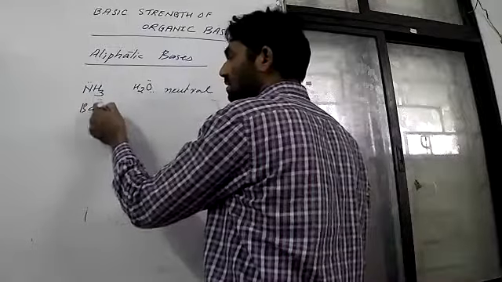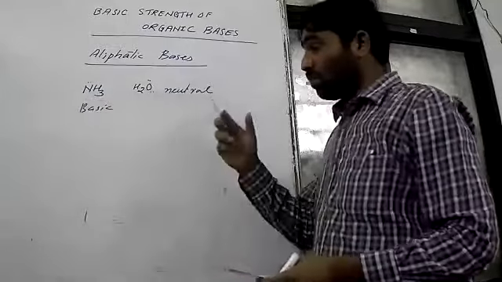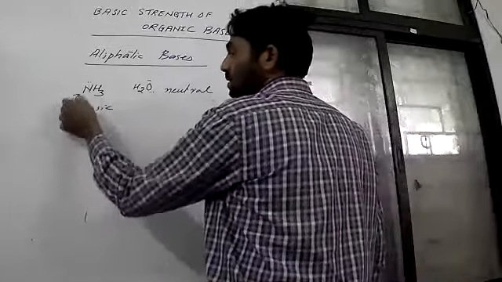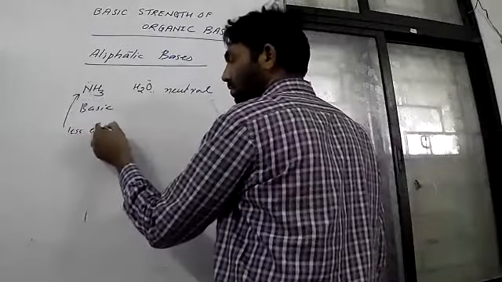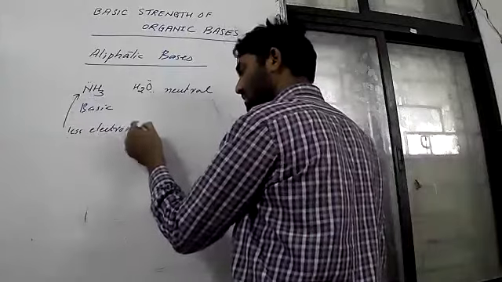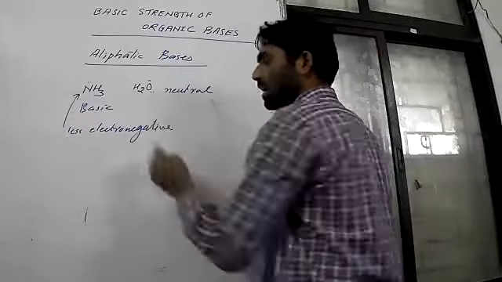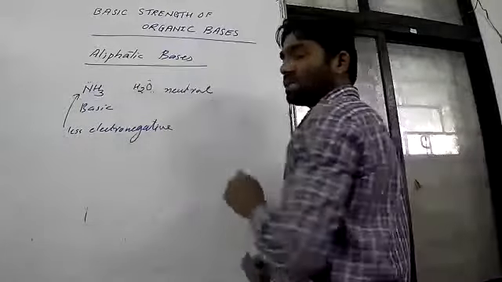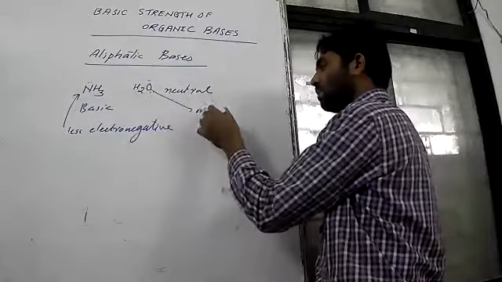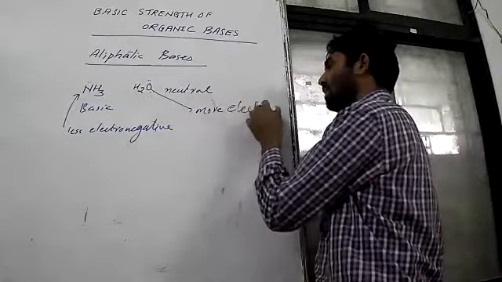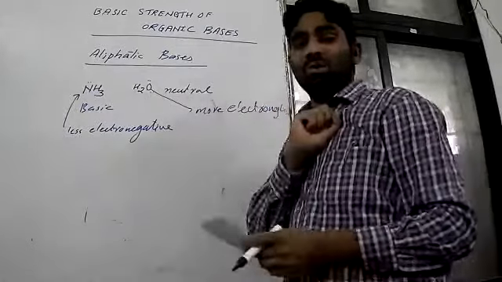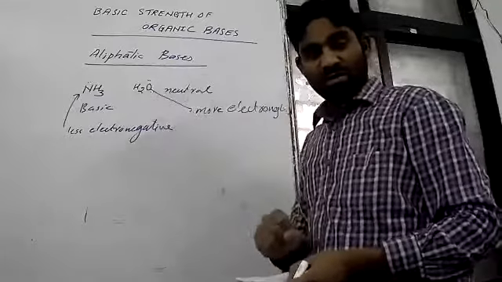The reason is that though both contain lone pairs, nitrogen is less electronegative and therefore can easily donate its lone pair, while oxygen is more electronegative and therefore reluctant to donate electrons.